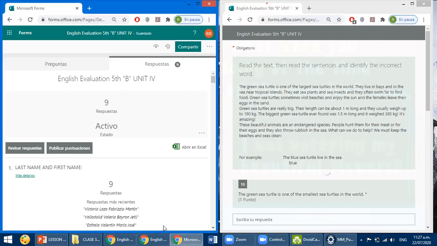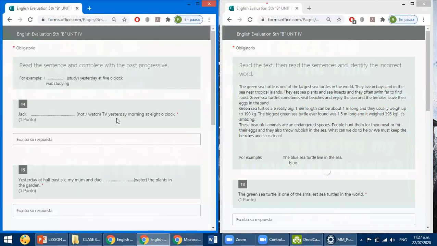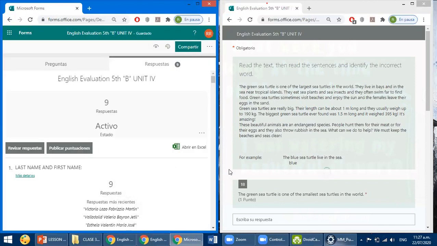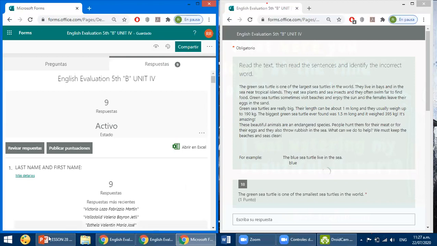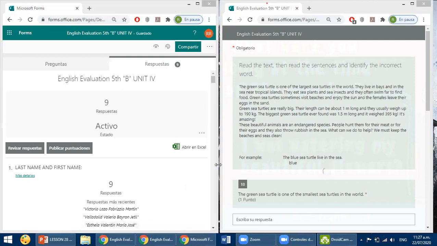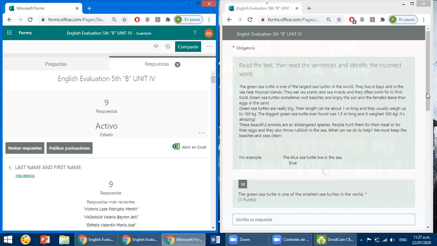Miss, vivo por Manco Cápac y Arequipa. Ya, ahorita voy a ver esa zona. Un ratito, ahorita te comunico.